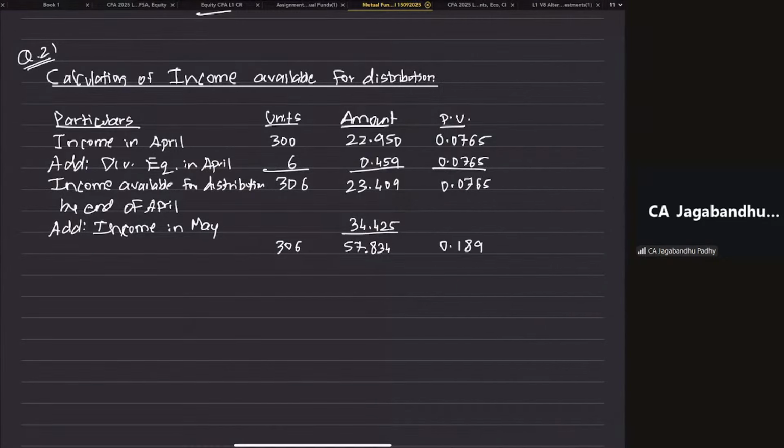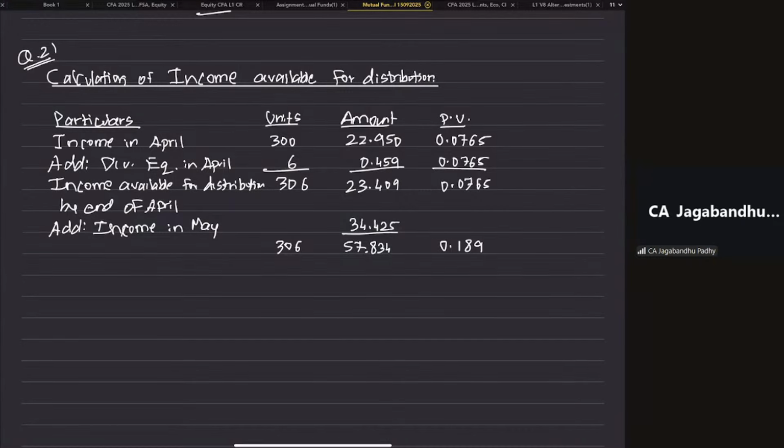So on every unit, we have an accumulated income of 0.189. Correct, guys?